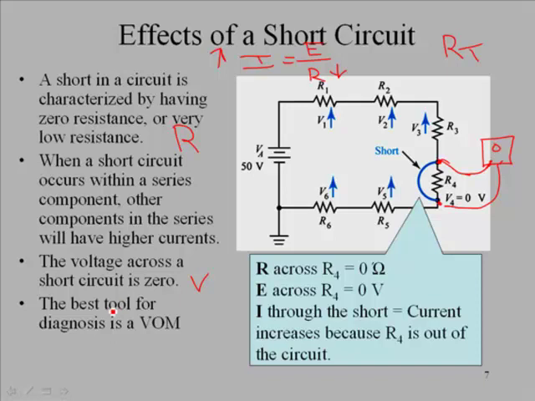The best tool for diagnosis is a VOM, and so with a VOM, volt ohm meter, you can measure the voltage and the ohms. And what do we got here? The resistance across R4 is 0 ohms. The voltage across R4 is 0 volts. The current through the short: current increases because R4 is out of the circuit, and we've mentioned all of that over here.